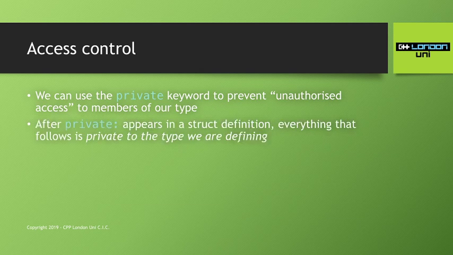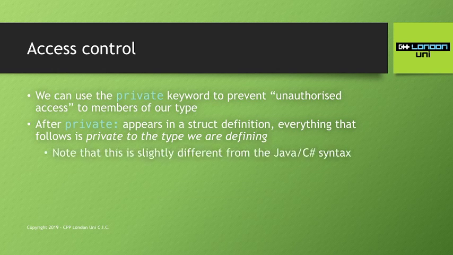So we do this by writing the word private in the definition of our class, private followed by a colon. And after we write that, all the members' definitions that follow are considered private to our type. They are inaccessible to the rest of the world.